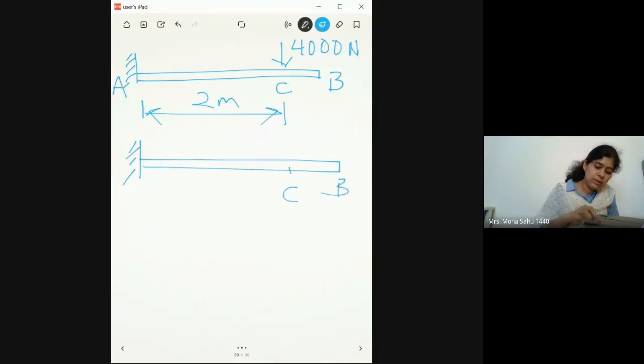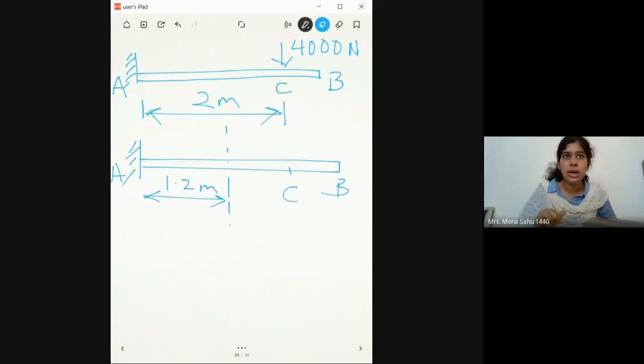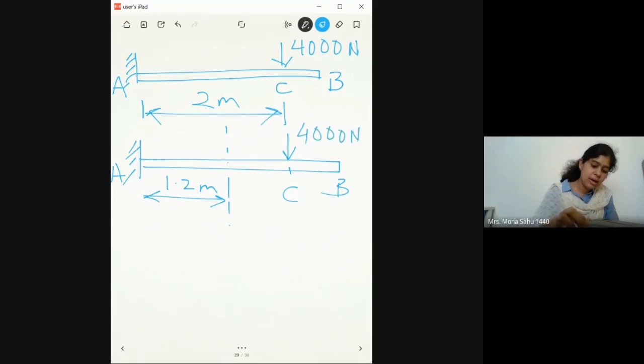Now let's take the same beam. This is C, this is A, and I'm going to take some section which is 1.2 meters away. If I cut that section, because of this 4,000 load, there will be a shear force at this part, correct?